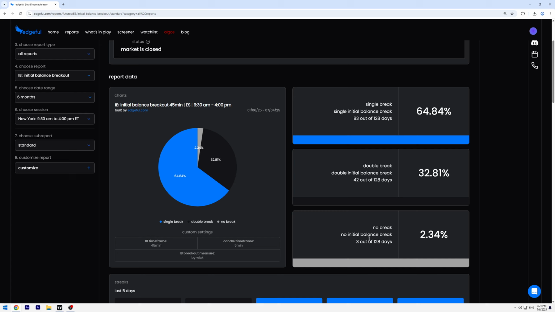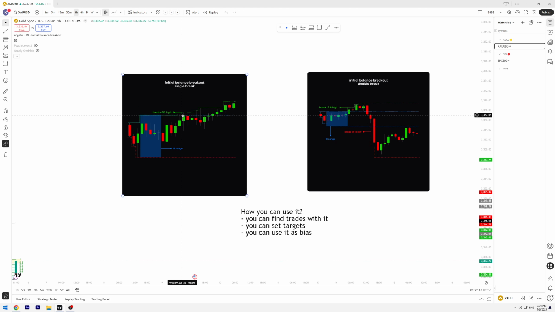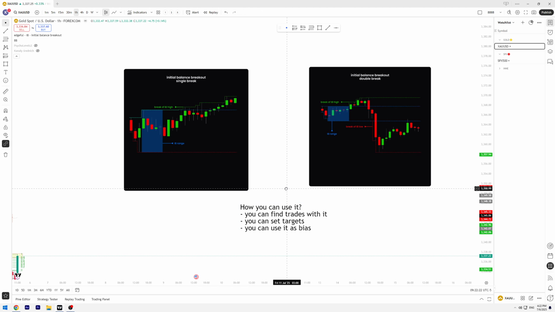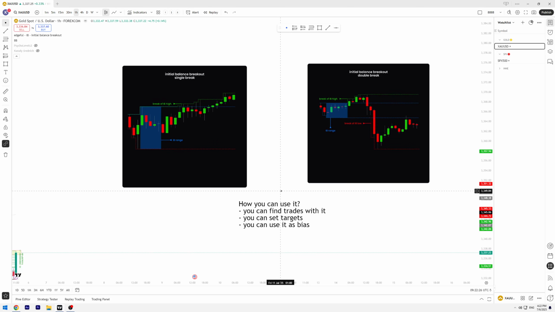But it's only 3 out of 128 days, so it's very unlikely to happen. And I have mine set to breakout as wick only, so basically this is a breakout already, only the wick.